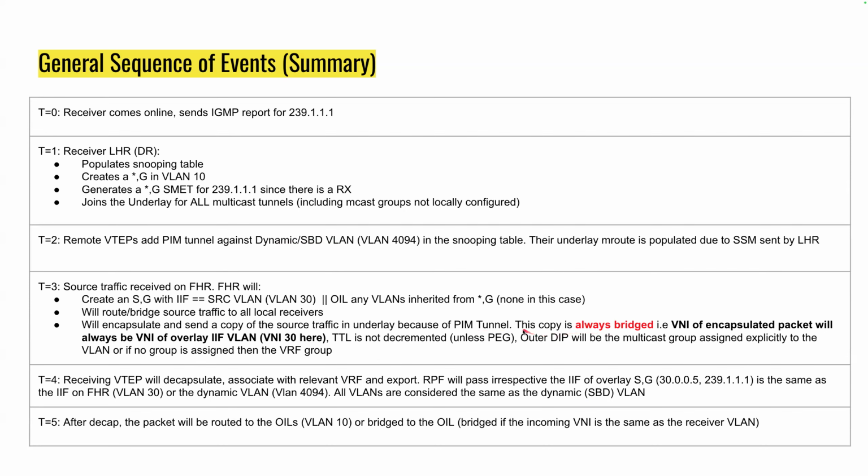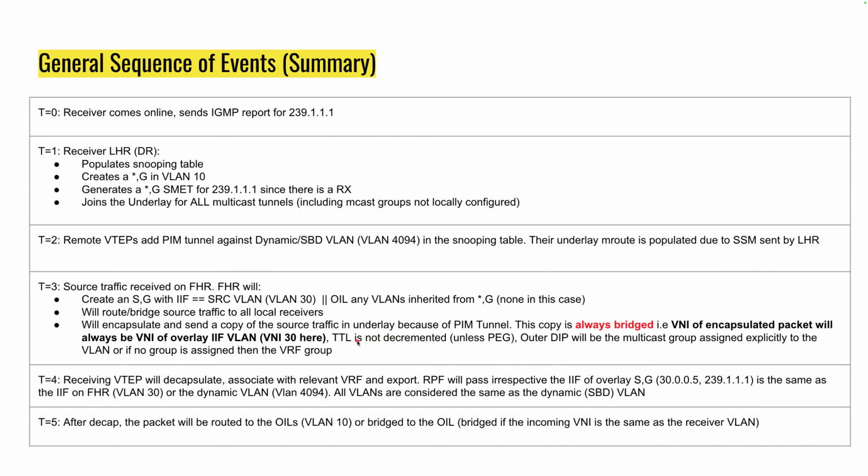And as we discussed, this copy is always bridged. When we say it is bridged, the VNI would always be the VNI of that VLAN. So that is why we are using VNI 30, and the TTL is not decremented. The TTL would be decremented if it is routed, which is what Ankit was discussing.